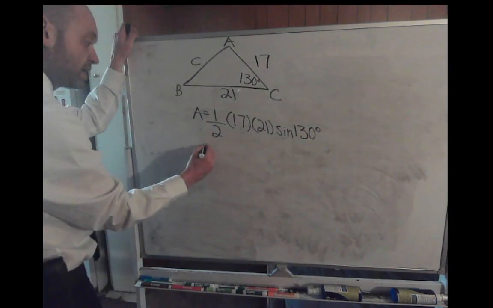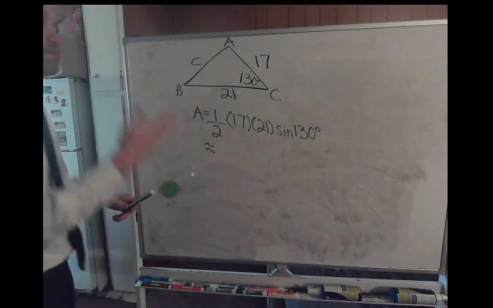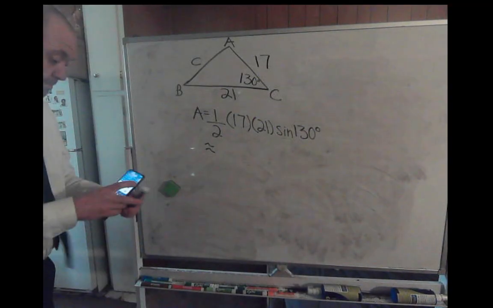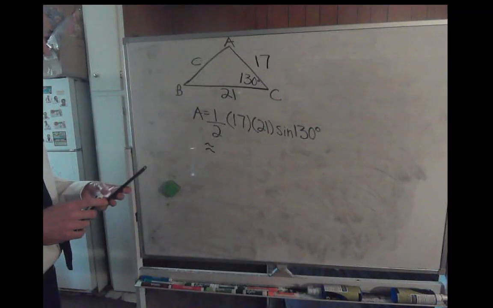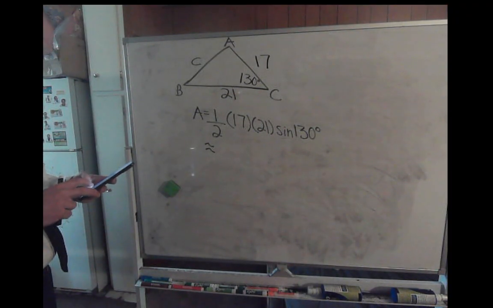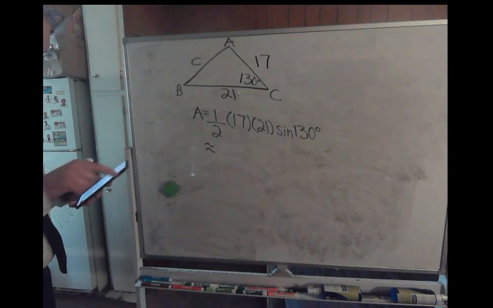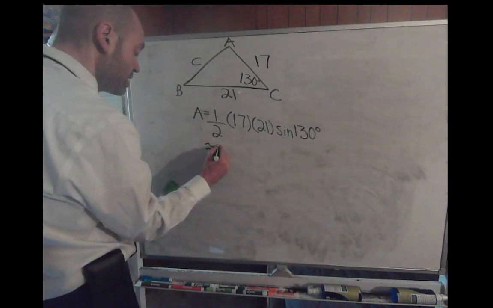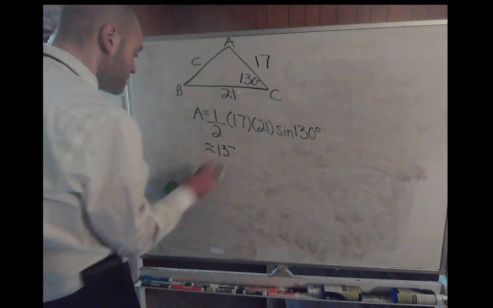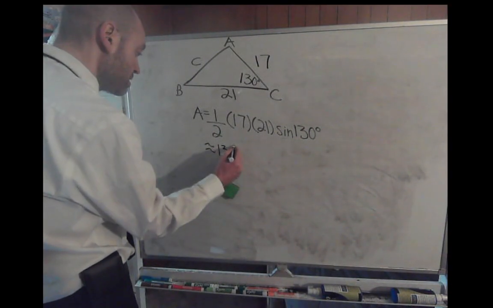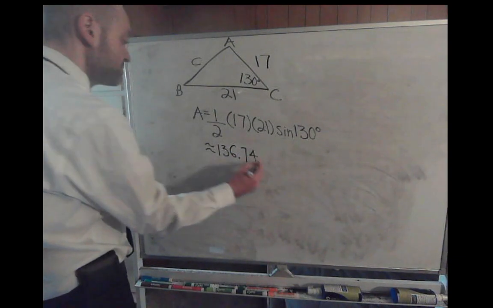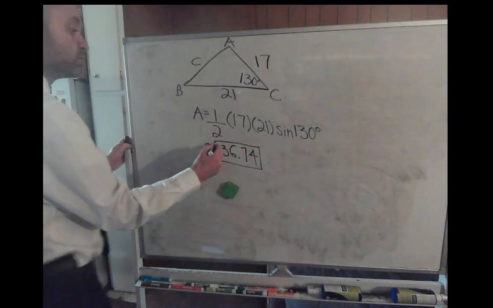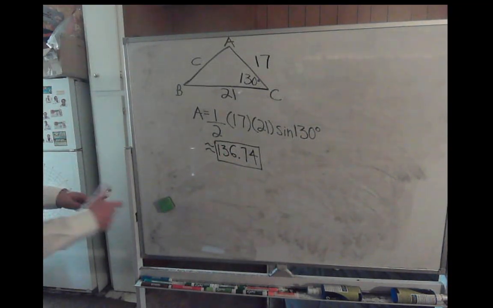Now we get a two decimal place approximation. Divide that by 2 and you get about 136.74. So the area of this triangle is approximately 136.74 square units.